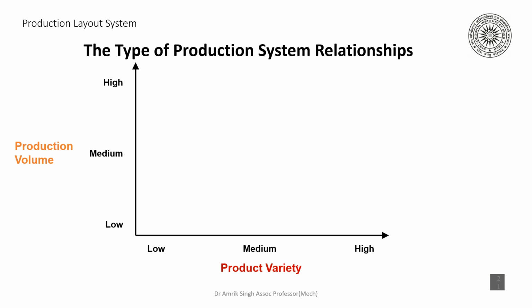Now you see here we have the different types of production systems, and we have classified them according to the volume of production and the variety of the product. If the product variety is low and the production volume is low, we go for the fixed location type.